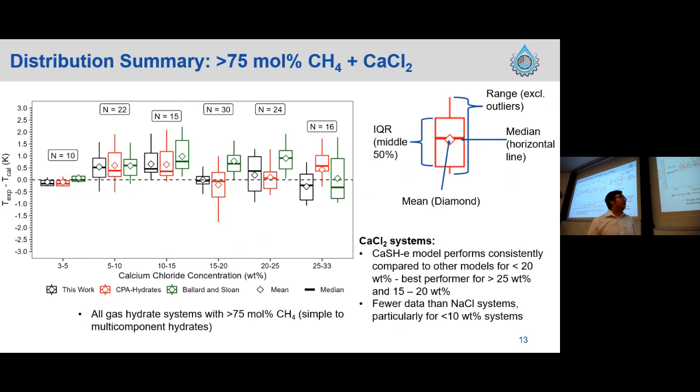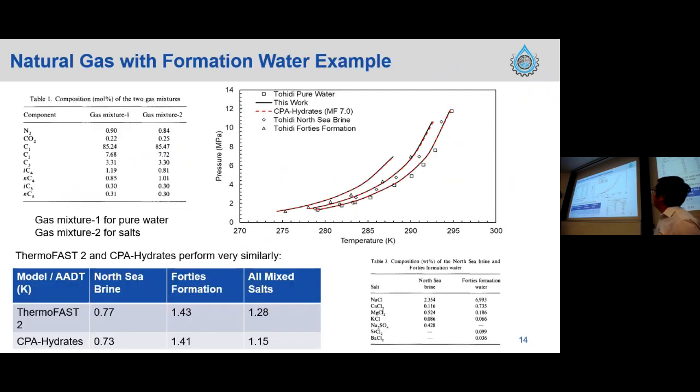Now that I've covered these general cases, let's look at something more specific. We're going to look at a natural gas example that has formation water, and this is the composition on the left-hand side. Basically we have two salt mixtures, 5 salts here and 6 salts here, primarily sodium chloride in each of these mixtures.